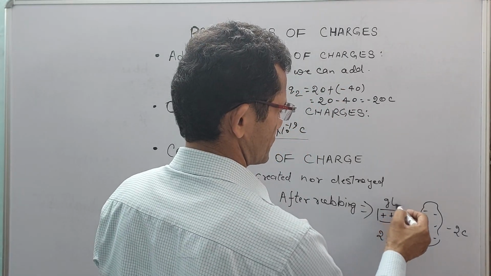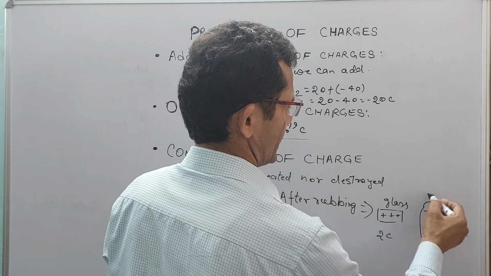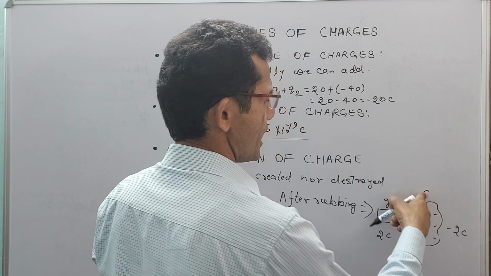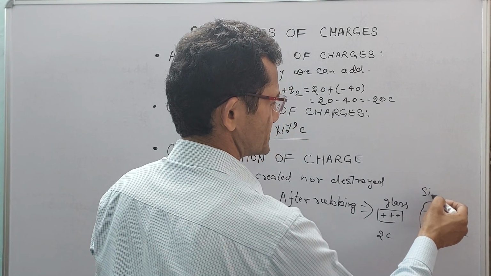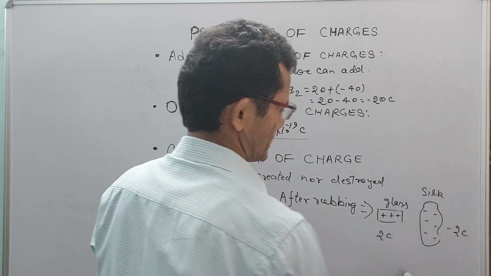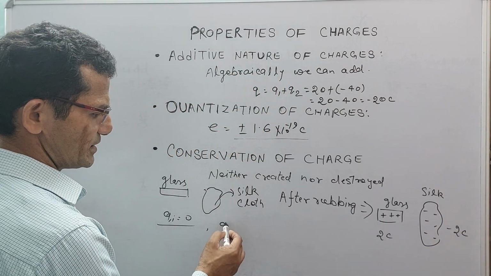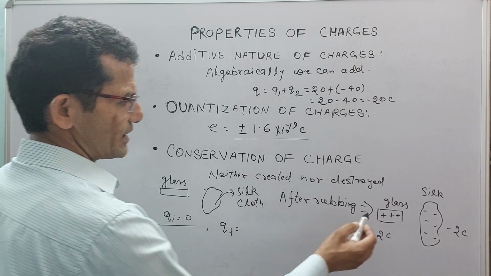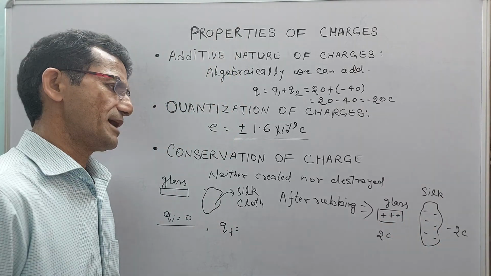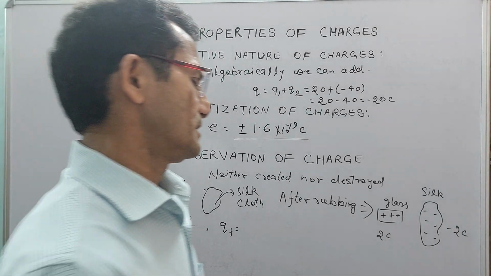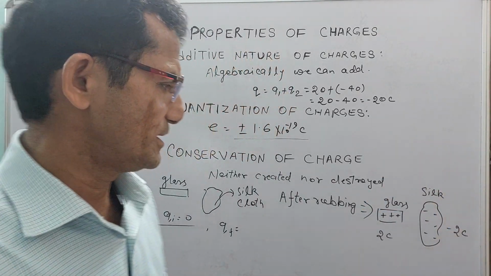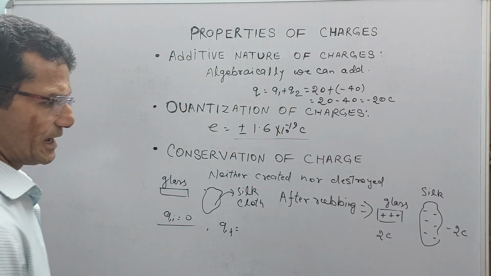So the total charge after rubbing will be the same as the initial one. Initial Qi is equal to 0. For the final charge, in this isolated system, there is no other charged body nearby, so we consider it an isolated system.